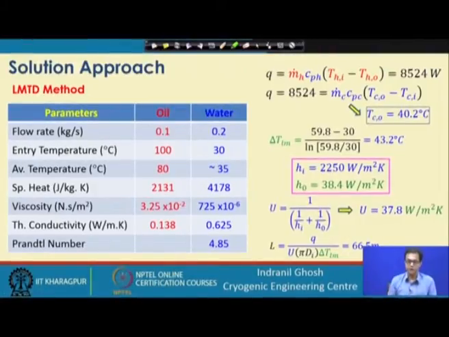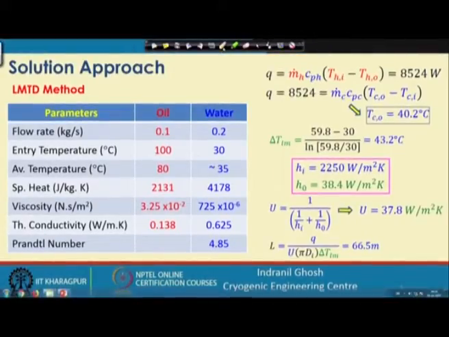So, we have tried to estimate the overall amount of heat that is getting transferred.